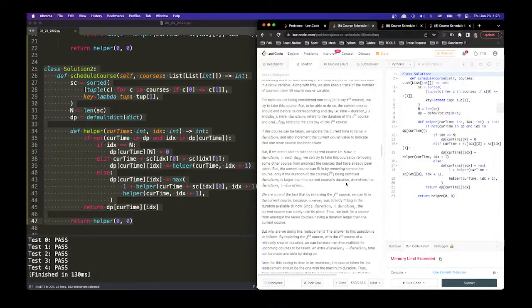So if we remove it and put something smaller, which just means we take that class earlier, and because that duration is smaller, it's definitely going to work. So we just swap this in. But if it's larger, then we cannot do it.